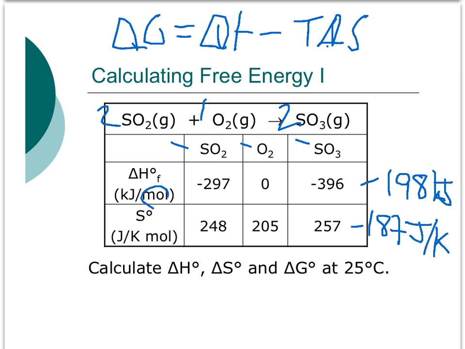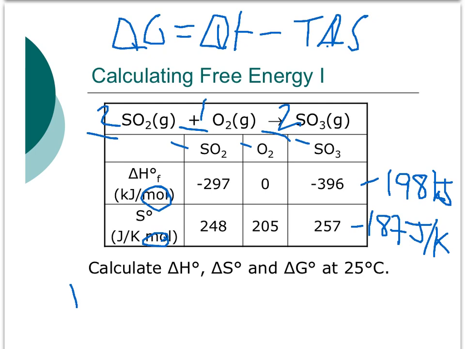You'll notice the mole bit in the units has been factored out because we need to multiply each of the enthalpies and the entropies by the number of moles in the balanced equation. So my delta H and delta S values are mole-free, so to speak.